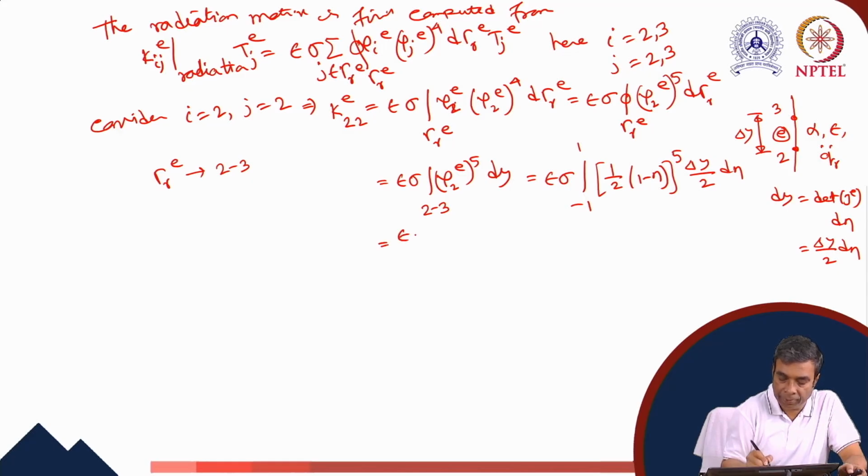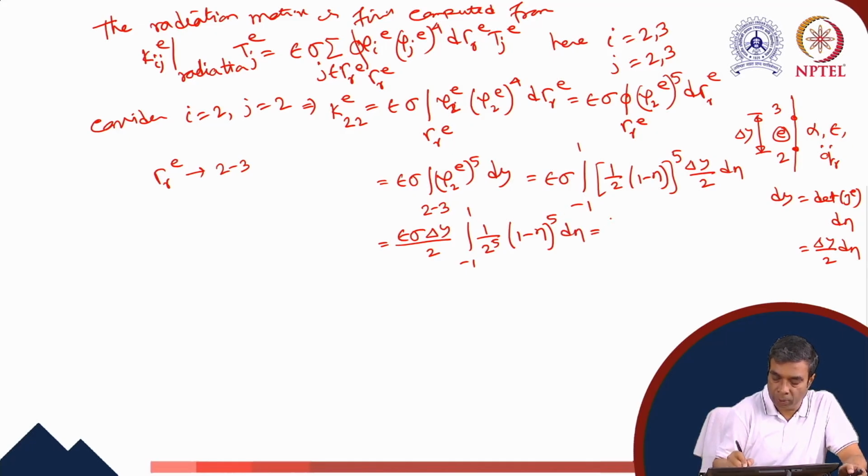We get here epsilon sigma delta y by 2 integration from minus 1 to 1 of (1 by 2) to the power 5 into (1 minus eta) whole to the power 5 d eta, which equals epsilon sigma delta y divided by 2 to the power 6 integration from minus 1 to 1 of (1 minus eta) to the power 5 d eta.